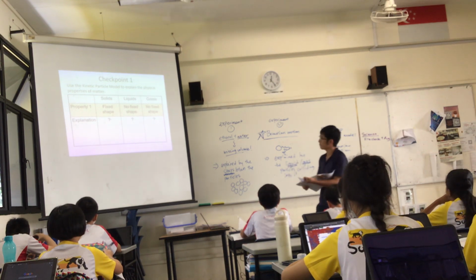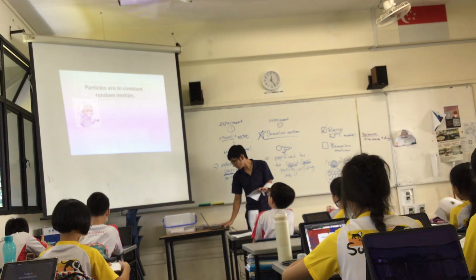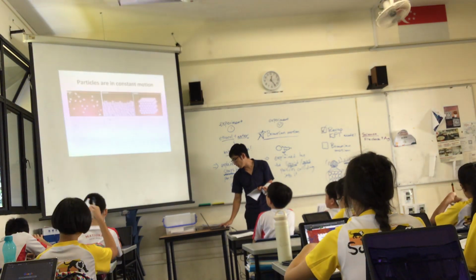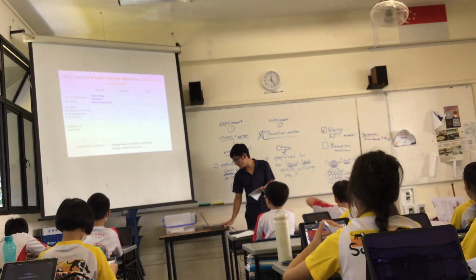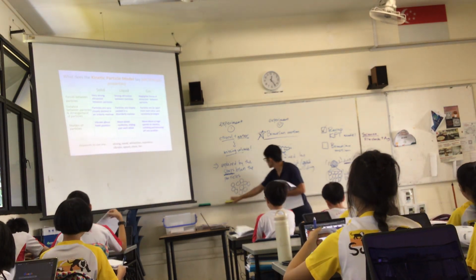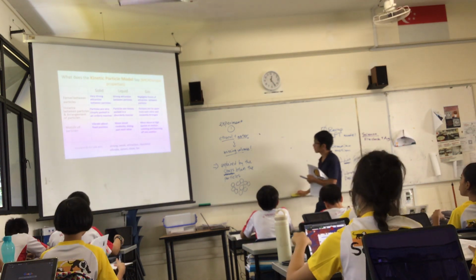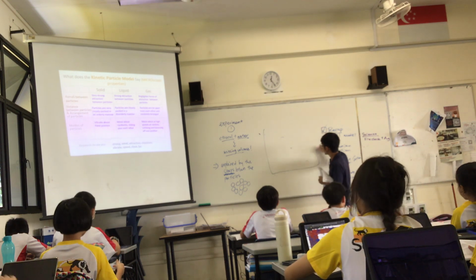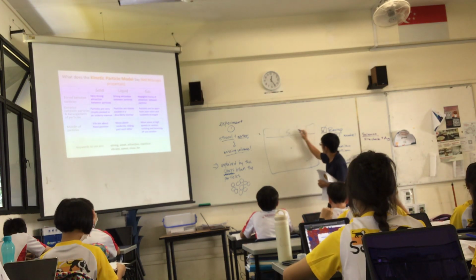To save you some time, this is what I'd like you to do. Can you go to page 9? I'd like you to number off page 9, all of those 9 boxes. Okay, you have 9 boxes. Can you go in this particular sequence? Then after that, it is solid, liquid, gas.